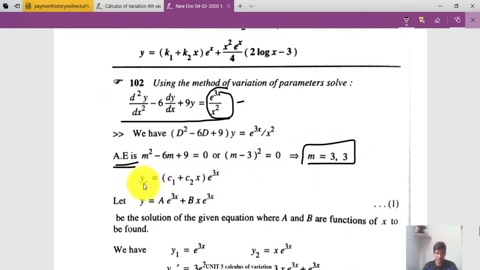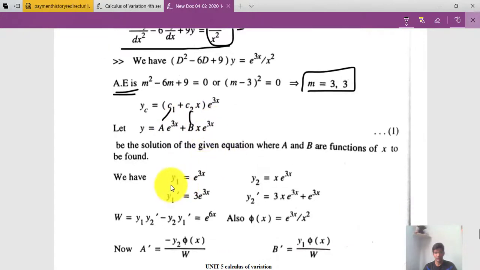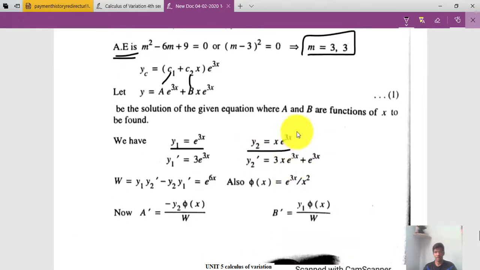When the roots are repeated, the complementary solution turns out to be (c1 + c2 x) e^(3x). Now y is equal to this, where c1 is a, c2 is b, y1 is e^(3x), and y2 is x e^(3x).